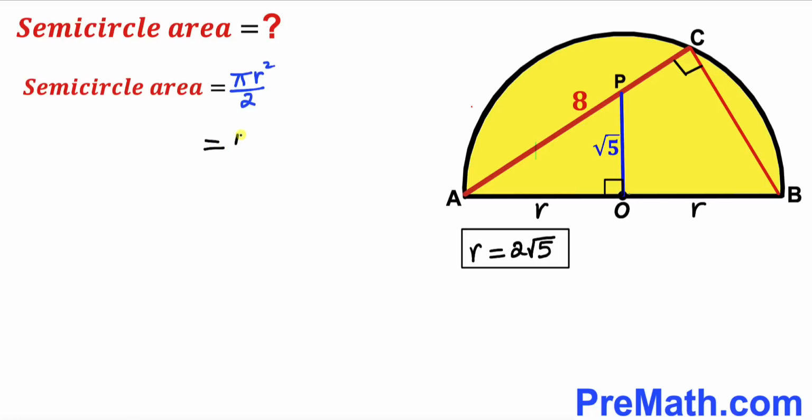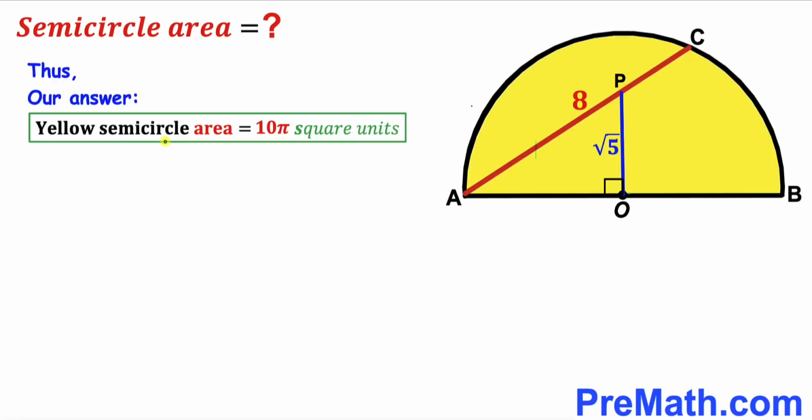We got π divided by 2 times our radius, which is (2 times the square root of 5) squared. If we simplify everything on the right hand side, this turns out to be 10π square units. So thus the area of this yellow semicircle turns out to be 10π square units.